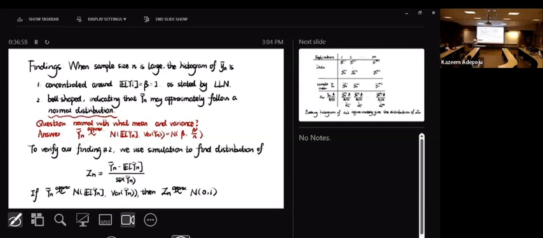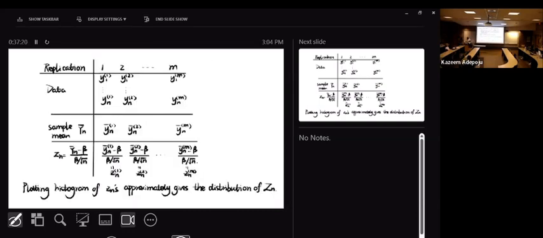Now, take a look at this guy. If y bar is approximately normal, we expect Z to also be approximately normally distributed with mean 0 and variance 1. We can demonstrate that. Take a look at the simulation again.